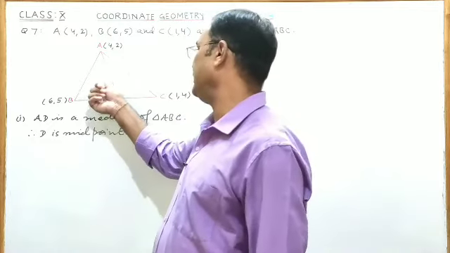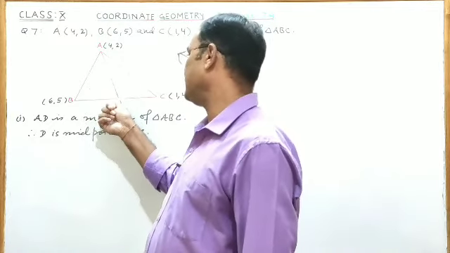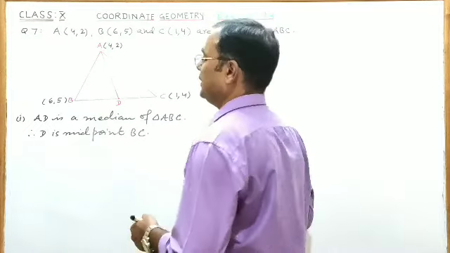Here AD is median, so D is midpoint of side BC.